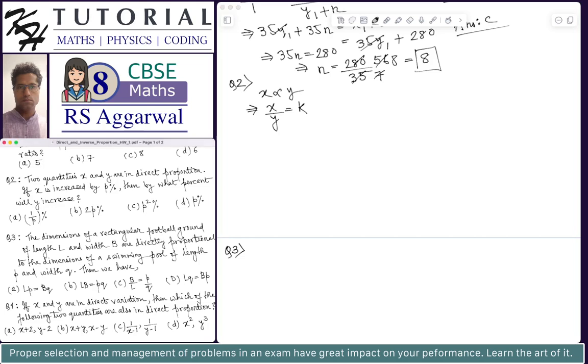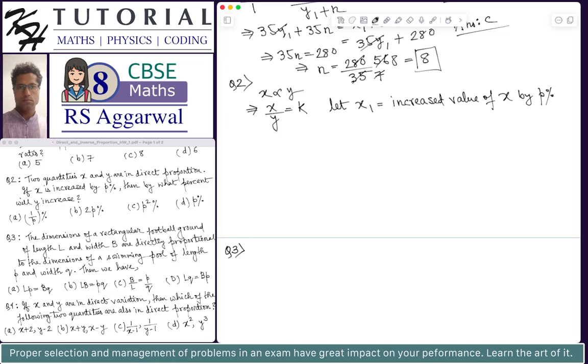Now it is saying that if x is increased by p%, then by what percent will y increase? So let x1 be the increased value of x by p%.